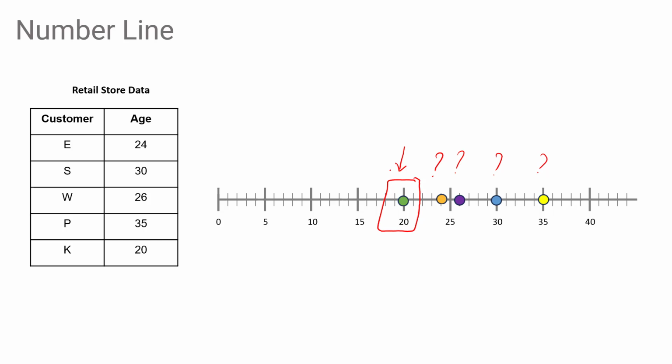Thus, in identifying these other similar customers, the retail store would have a look at the age attribute, because that's all we have, and want to compute the difference of age between this K customer, highlighted as this green point, and all the other points that are there. So distance computation, which is in terms of age between each pair that is possible with the green customer, is what the retail store would do.